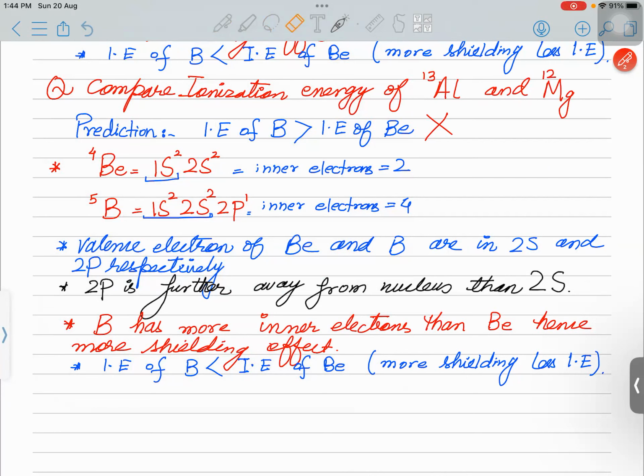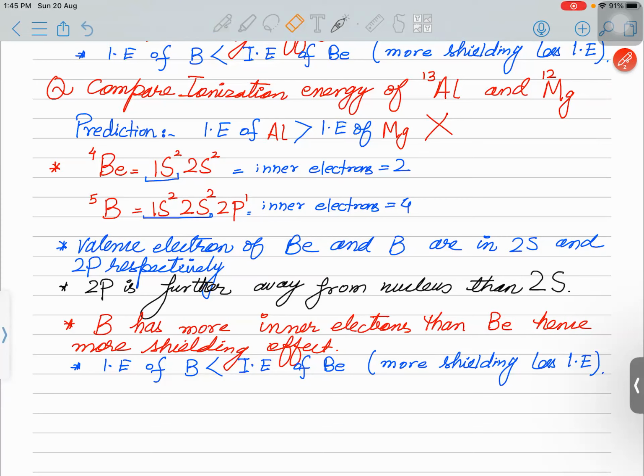Can anyone predict which one has more ionization energy, aluminum or magnesium? The prediction will be aluminum, because aluminum has more protons and both are in the same period. So across the period, proton number increases. But we know that this is an exception, so the prediction would be wrong.